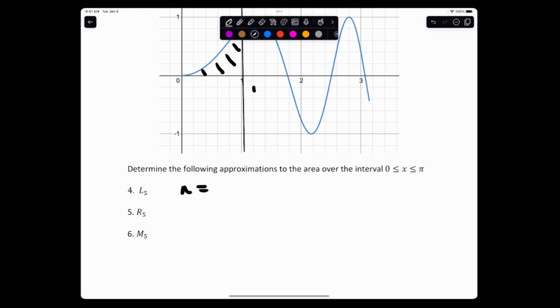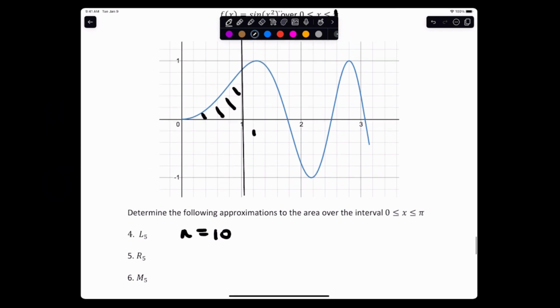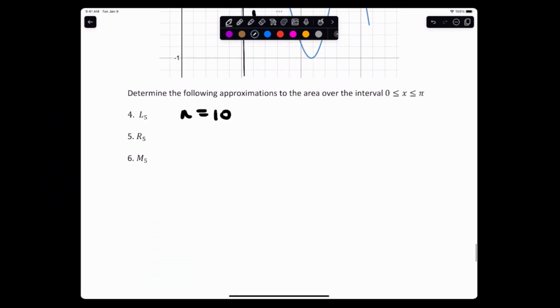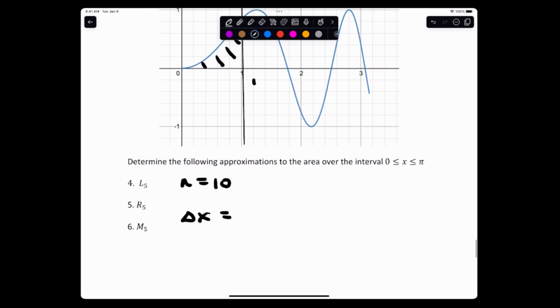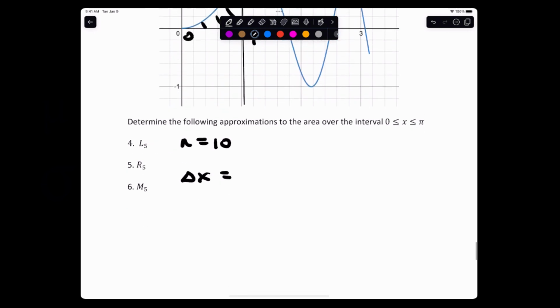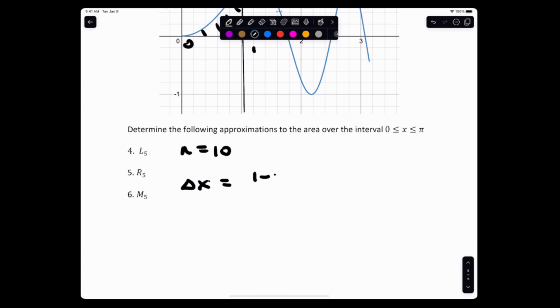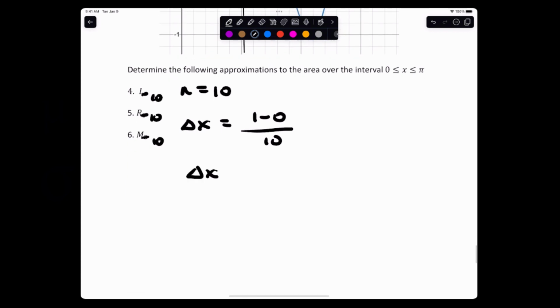So if n is 10, what's the hardest part of this, right? Your delta x, if you go from 0 to 1, would be 1 minus 0 over 10 now. Okay, change this. And that becomes 1/10.